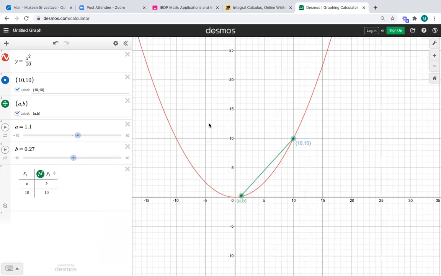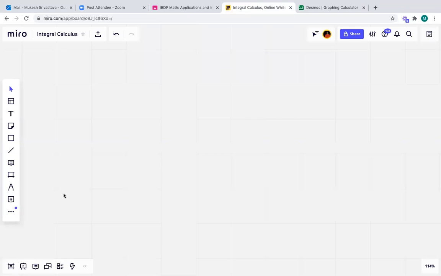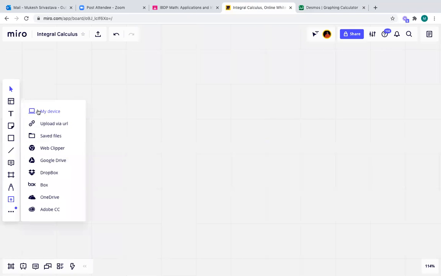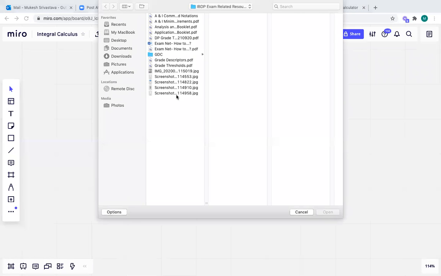It'll be 10 minus b divided by 10 minus a. Perfect. That's the gradient.